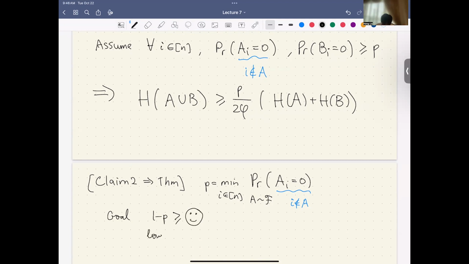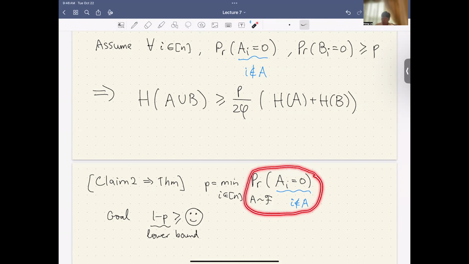Lower bound this guy. If we can lower bound this guy, what is this p? p, basically in the probabilistic language, locates the most popular element, right?